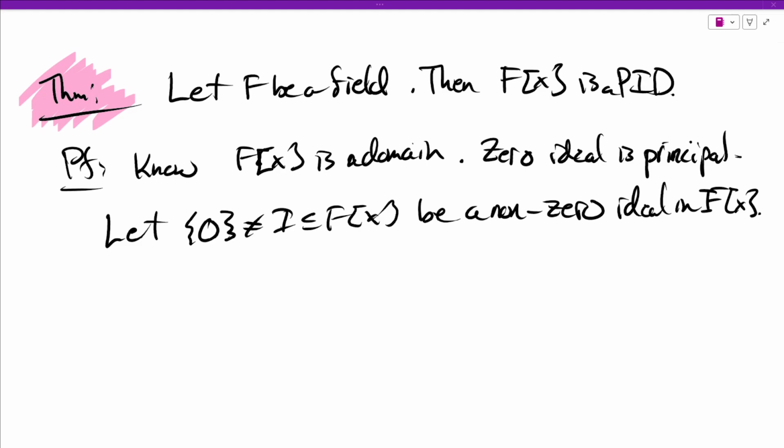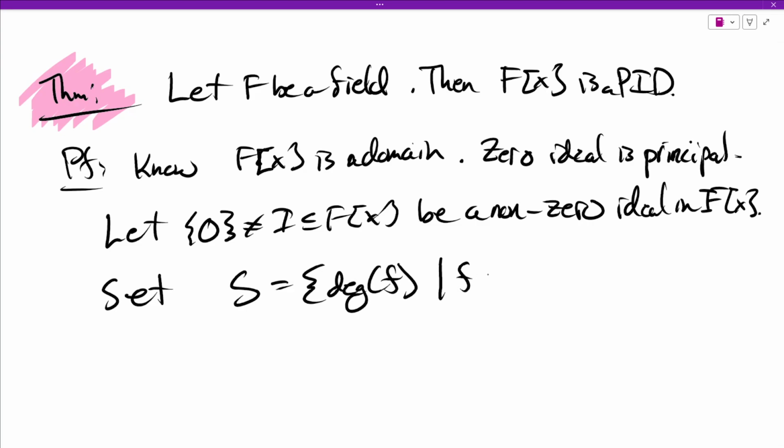So we should look for an element of least degree. So we're going to do exactly that. We're going to set S to be the collection of all degrees of f's where f is in I and f is not 0.